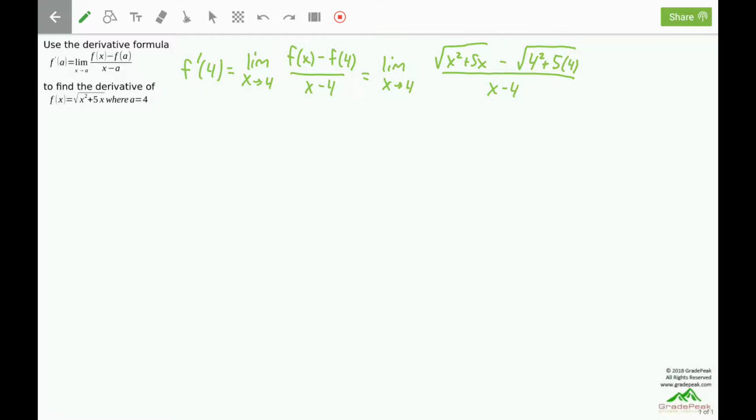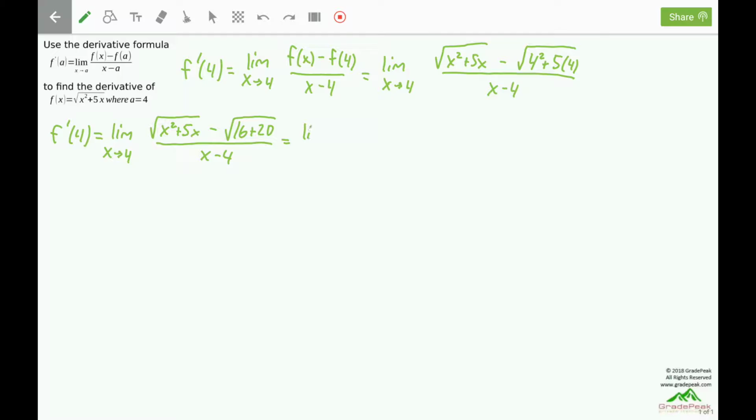Before we actually formulate the root conjugate, let's simplify that second root. Let's get the number there. It just will make our work a lot easier. So f prime of 4 will equal limit as x goes to 4 of the square root of x squared plus 5x, I'm not going to do anything with for now, minus the square root of 4 squared, which is 16, plus 5 times 4, which is 20, all over x minus 4.